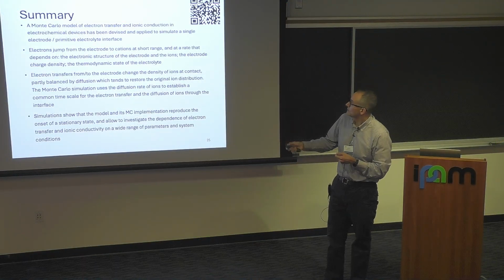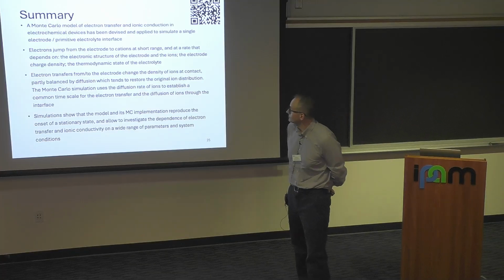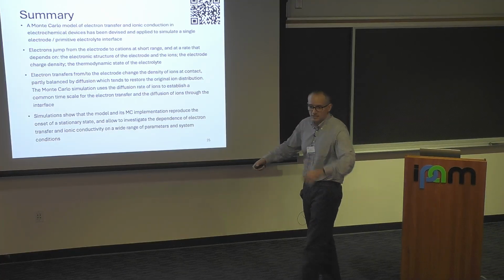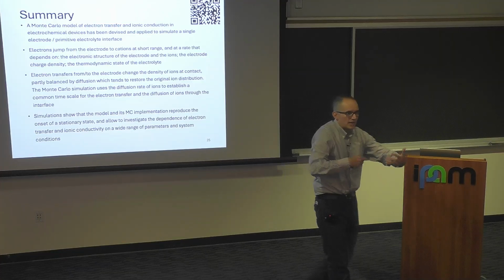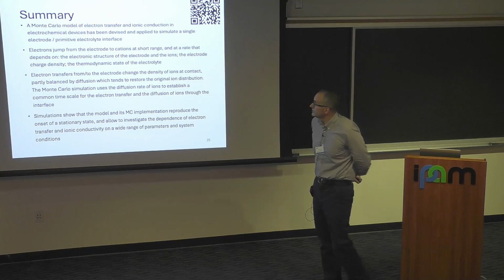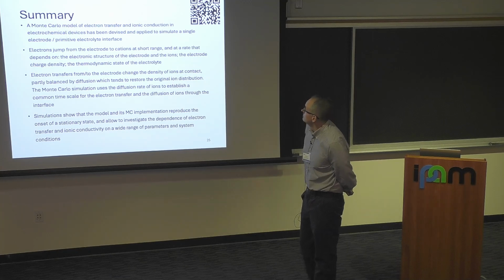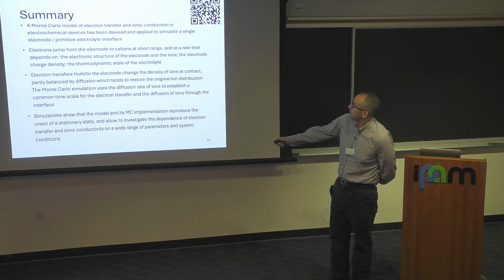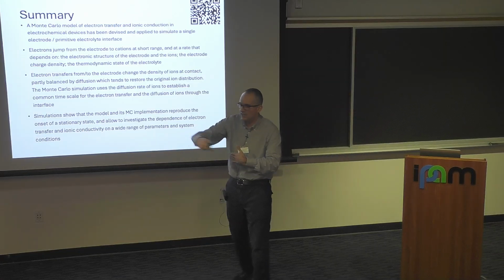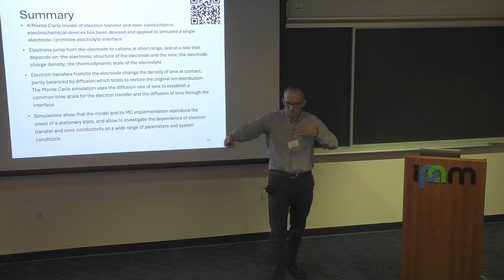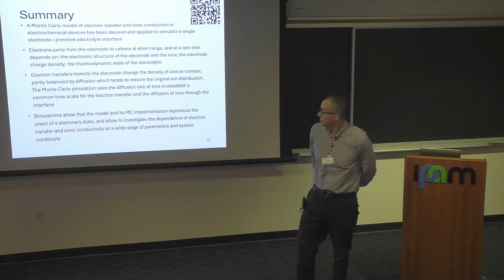The electron jumps from the electrode at a short range, and this rate depends, again using Marcus theory, on the reorganization of cations, the electronic structure, and so on. Then the electron transfer changes the density of ions at contact, and this is partially balanced by the diffusion of ions that are far away from the electrode.